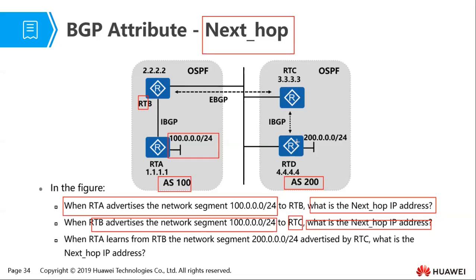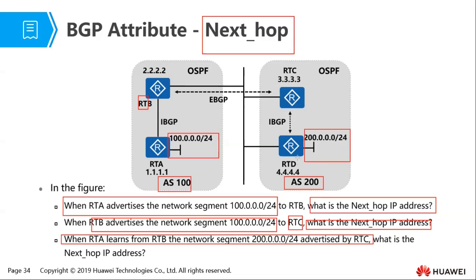through IBGP. Now, this time, the third scenario is explained through RTA. RTA can also learn from RTB the network 200 that has been advertised by RTC. The network 200 is this one here that is connected to RTD, 200.0.0.0/24.